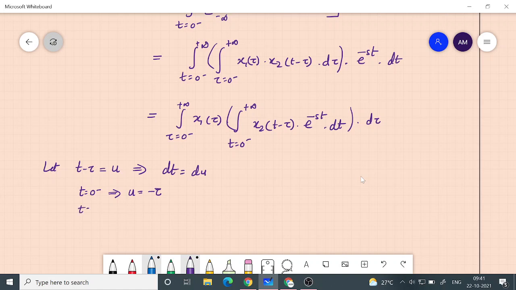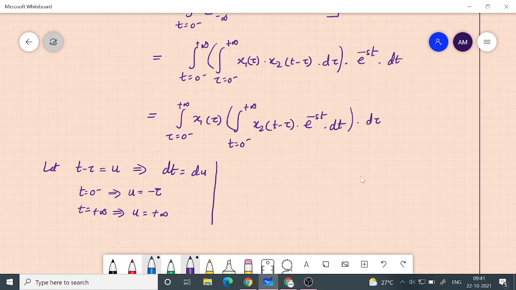And when t equals plus infinity, u is also plus infinity. So we have the same upper limit, but for the lower limit we have u going from minus tau onwards.